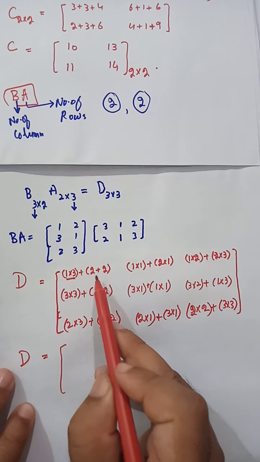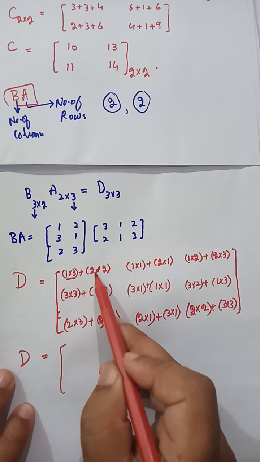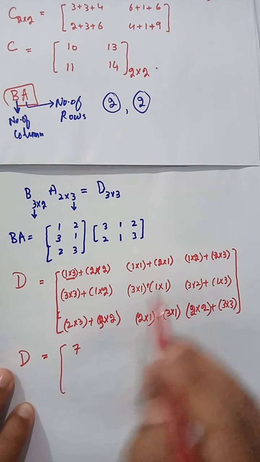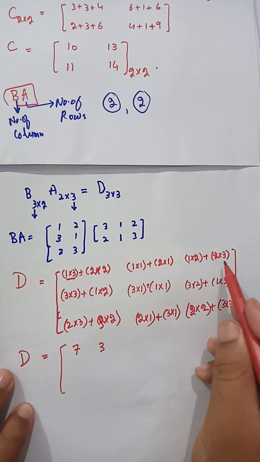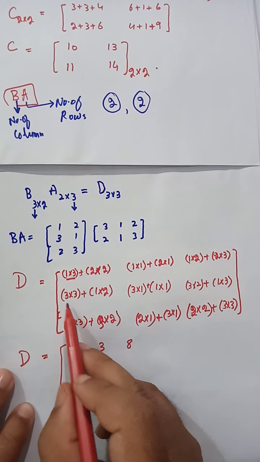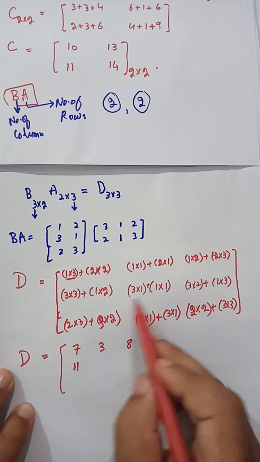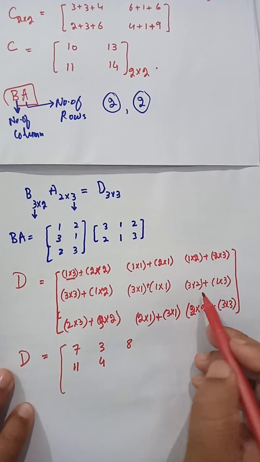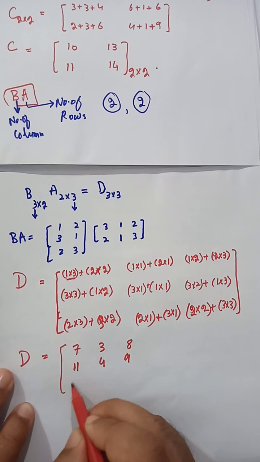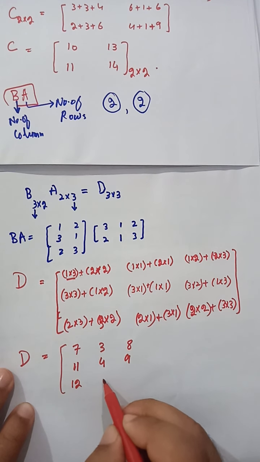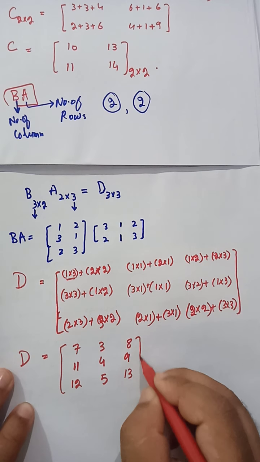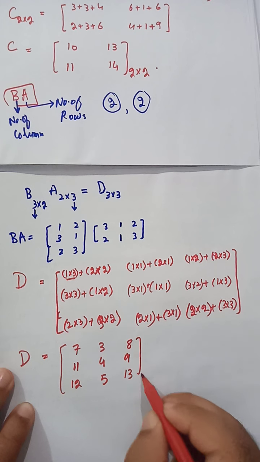This is multiplication: 3 plus 4 is 7, 1 plus 2 is 3, 2 plus 6 is 8, 9 plus 2 is 11, 3 plus 1 is 4, 6 plus 3 is 9, 6 plus 6 is 12, 2 plus 3 is 5, 4 plus 9 is 13, and you clearly see that the order of this is 3 by 3.